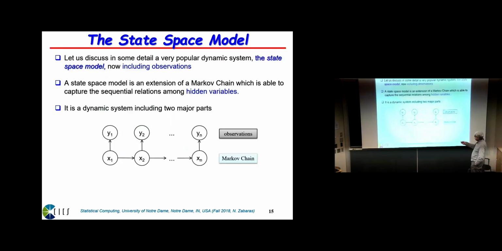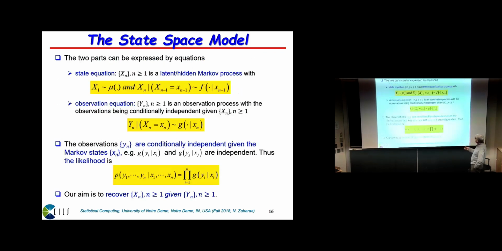So y1 depends only on x1, that's why you see these arrows here. y2 depends on x2, and because of these conditional independence relations given the x's, if you have observations y1 to n up to time n, the likelihood given the x's can be factorized as the product of these g's, yi given xi. So the problem of interest is to compute the states xn given yn for n equal 1, 2, 3, etc. in a way that the calculations don't blow up.